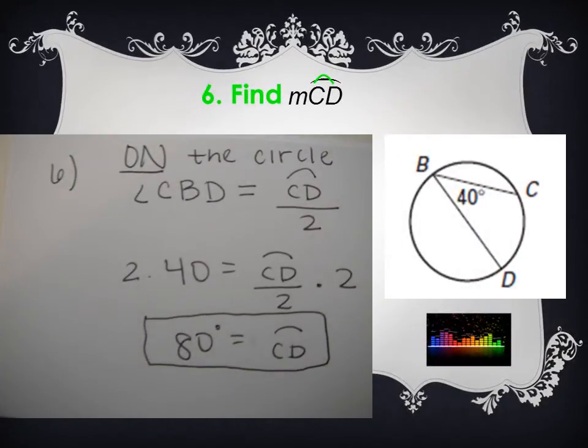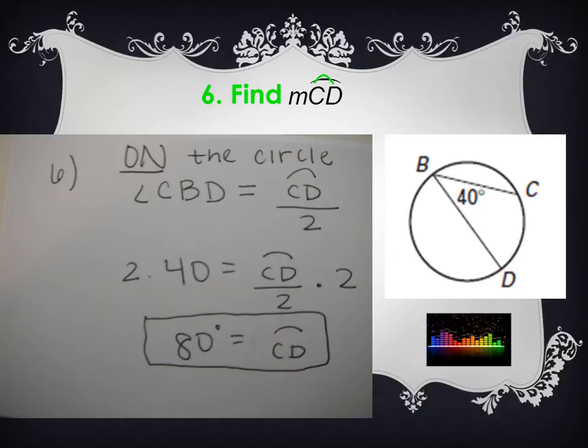This problem asks us to find arc CD. We are given an angle measure, angle CBD. CBD has a vertex that is on the circle, so it is an inscribed angle, meaning we need to use the formula angle equals arc over 2.